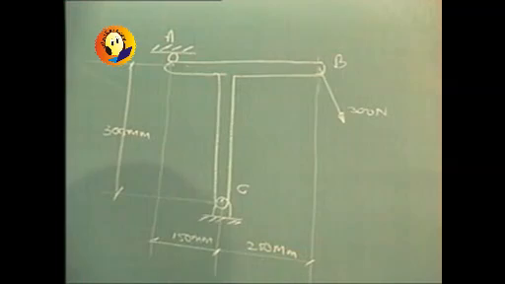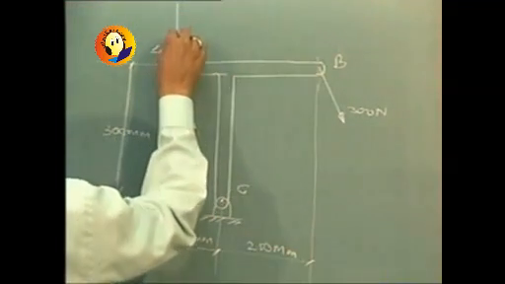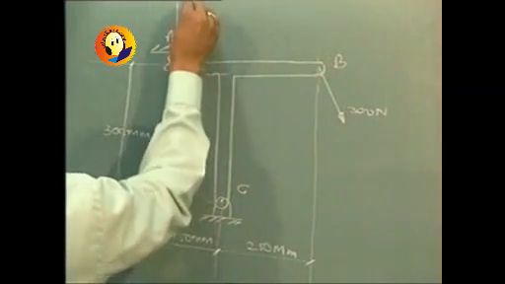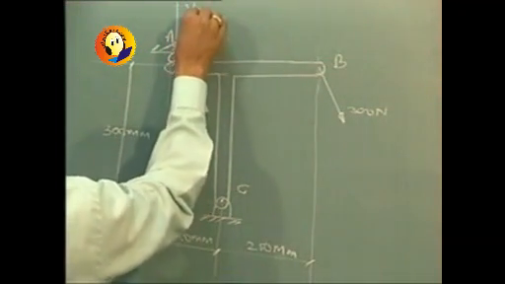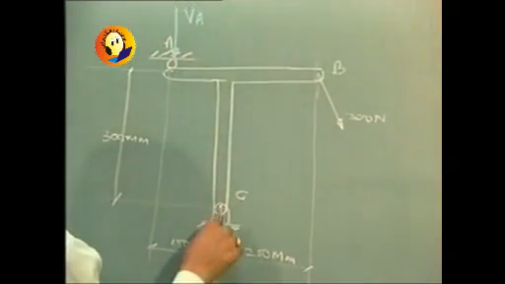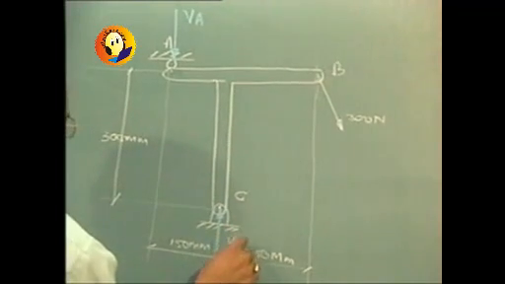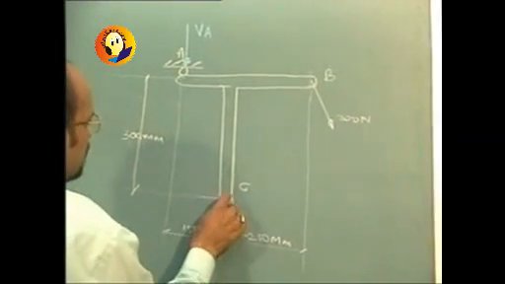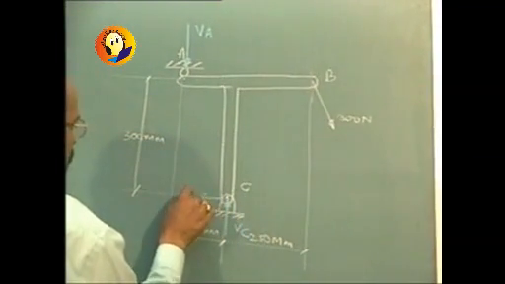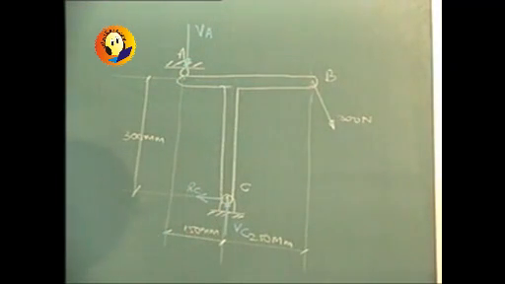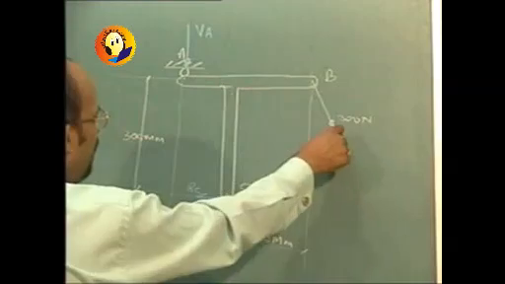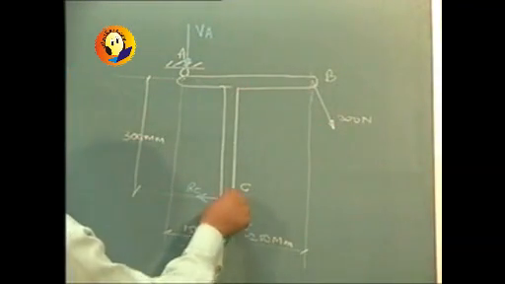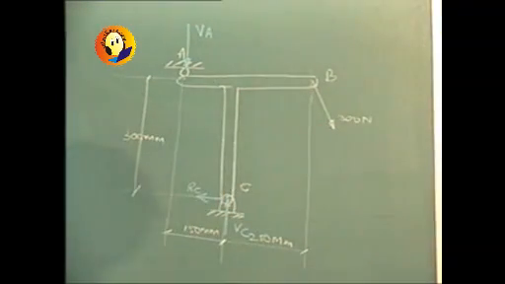There is going to be a vertical reaction at A, VA, because it is a roller. There is going to be a vertical reaction at C and some horizontal reaction at C. So externally we have the applied load at B, the reaction at C, and the reaction at A.